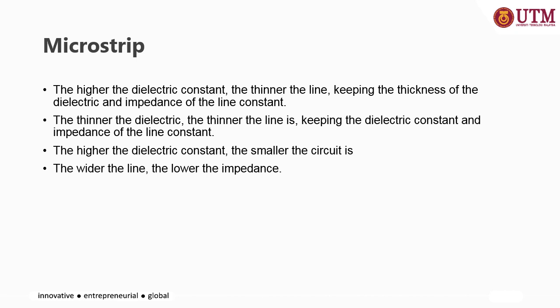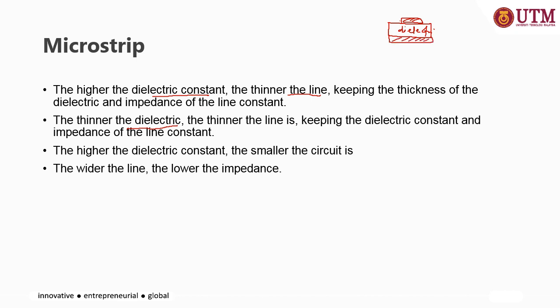Okay, additional information about the microstrip transmission line. So the higher the impedance, the higher the dielectric constant or the permittivity, the thinner the microstrip line, keeping the thickness of the dielectric and impedance of the line constant. While the thinner the dielectric structure, okay, so you have the microstrip line, and then you have the dielectric, backed with the ground plane.